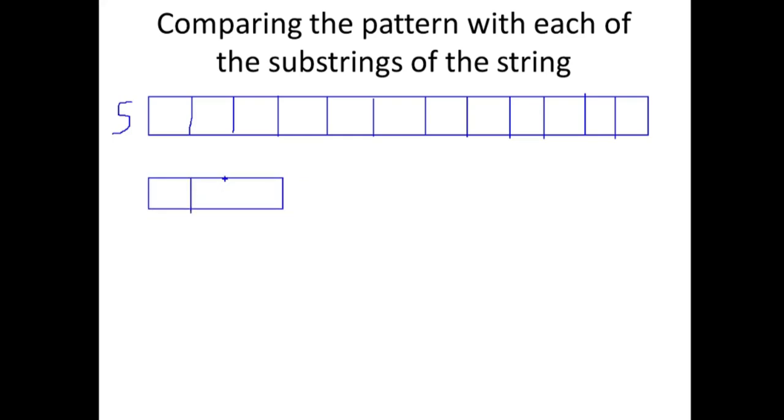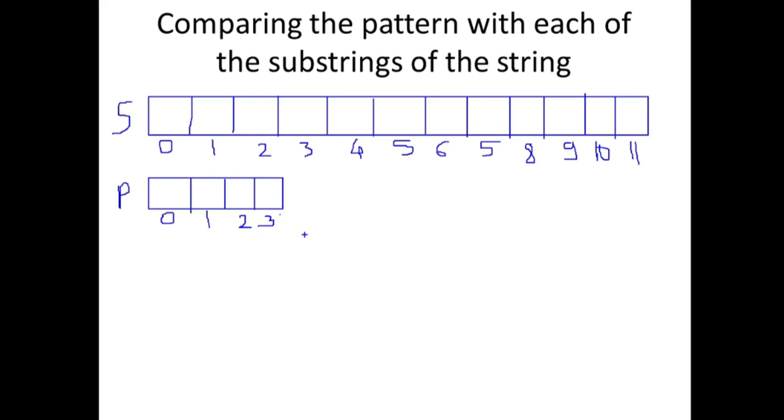First 1, 2, 3, 4. Now this is our pattern. Let me write down the indexes of these cells underneath the cell. So here it is 0, 1, 2, 3, 4, 5, 6, 7, 8, 9, 10 and 11. Now we have the pattern indexes 0, 1, 2 and 3.